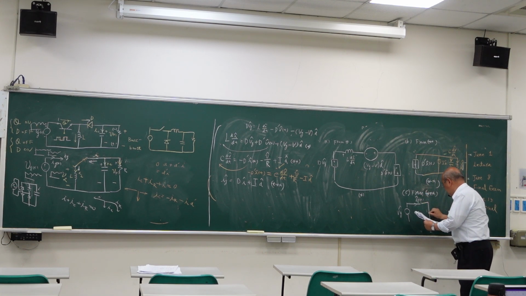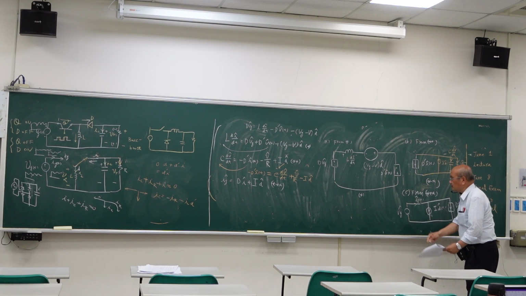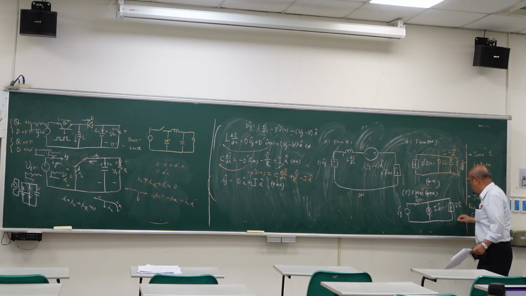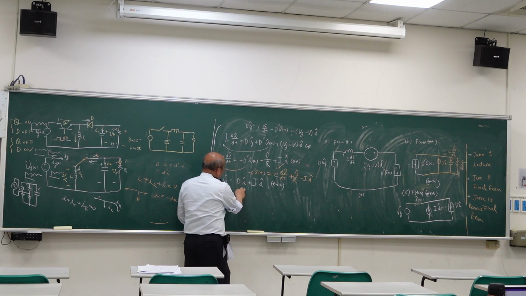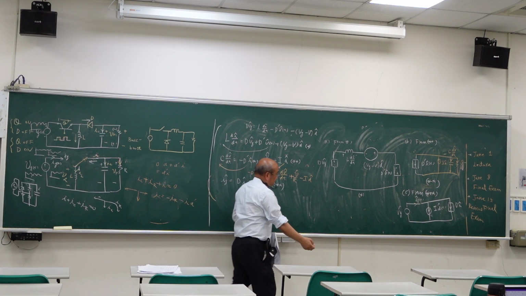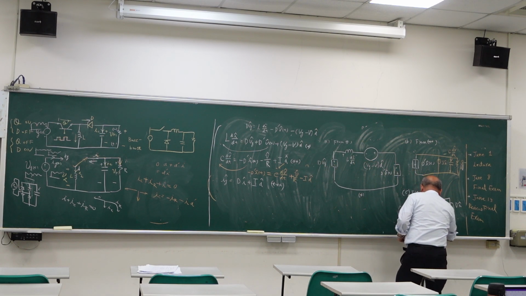And IG includes two parts: I D hat plus the other current. So this is equal to this: I t equal to I hat plus I d hat. This one. So this is the third step.